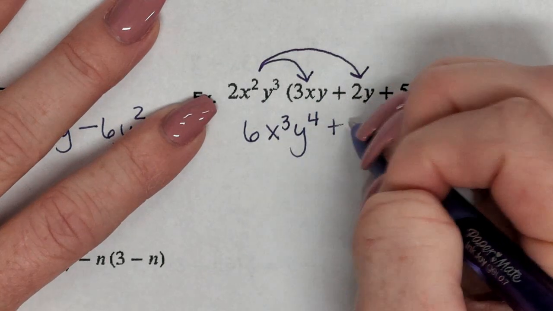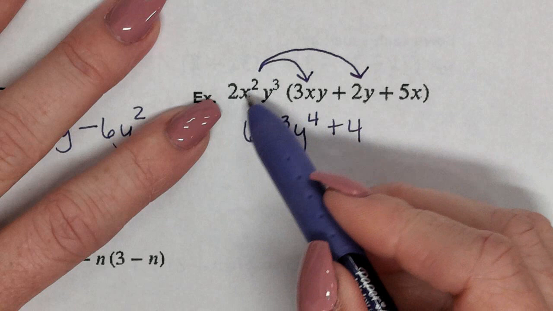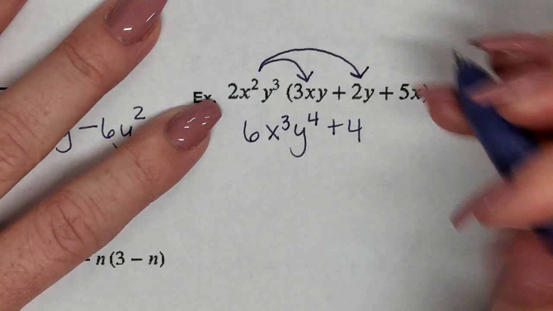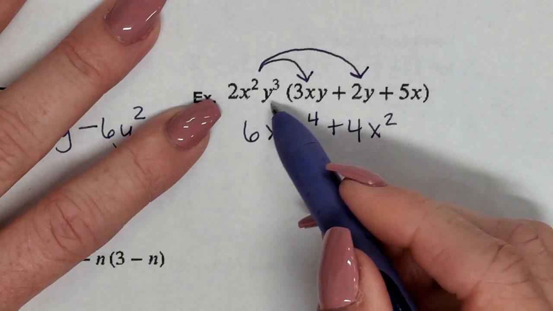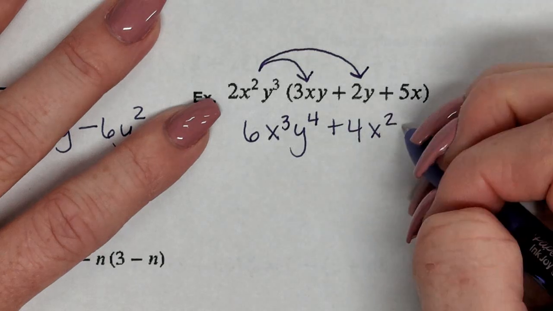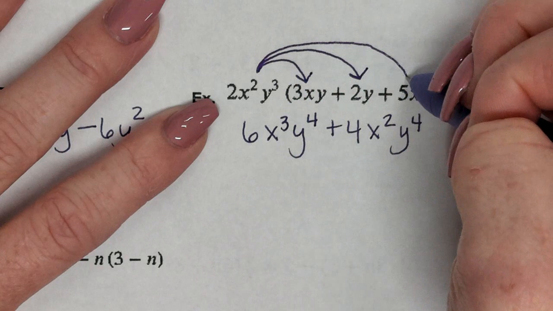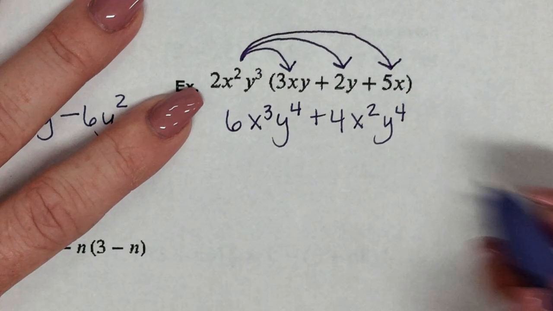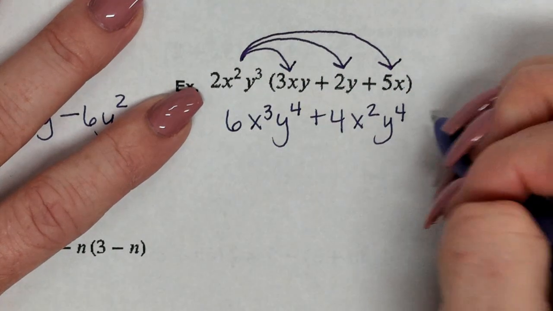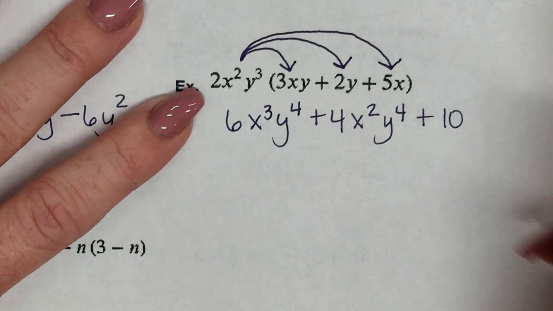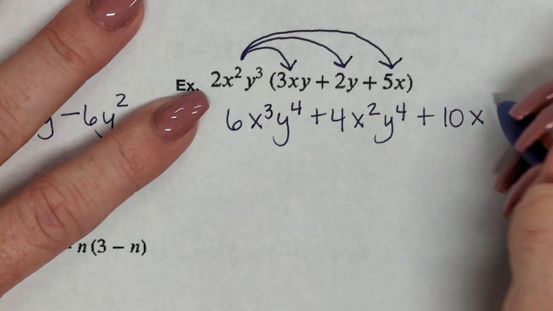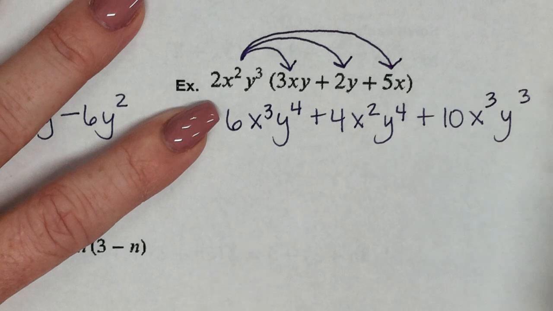So plus 4 because it's positive. X squared can't be combined with anything here, so I just write x squared. And y cubed times y is y to the 4th. Now I'm going to do it times the last term. 2 times 5 is positive 10. And then x squared times x is x cubed, and keep your y cubed.